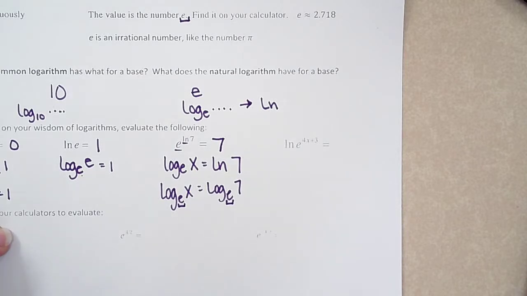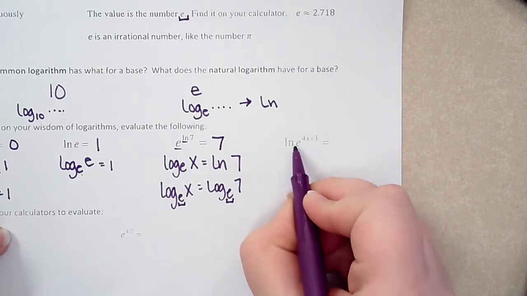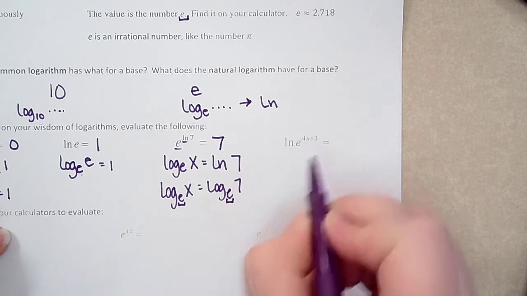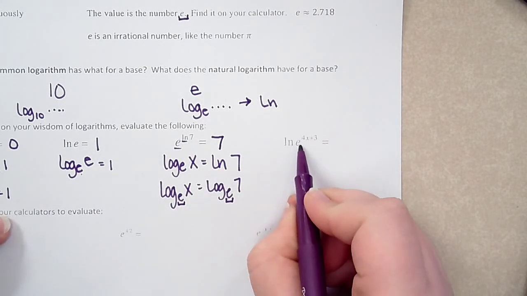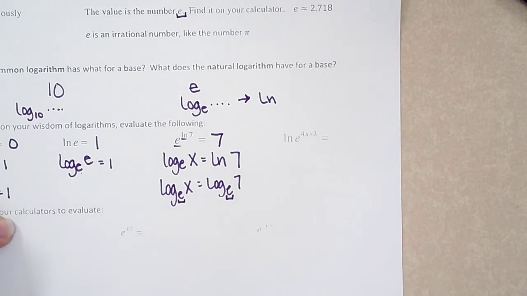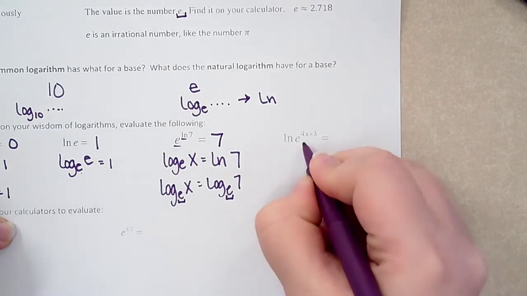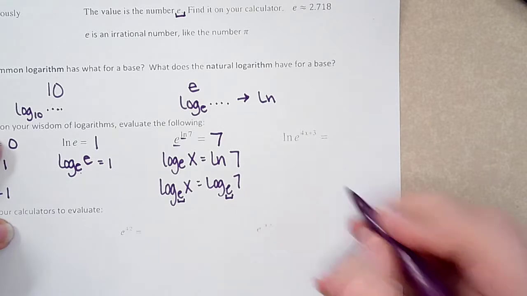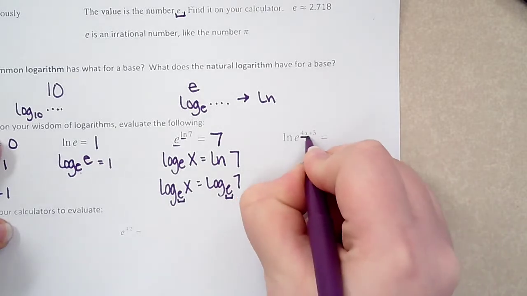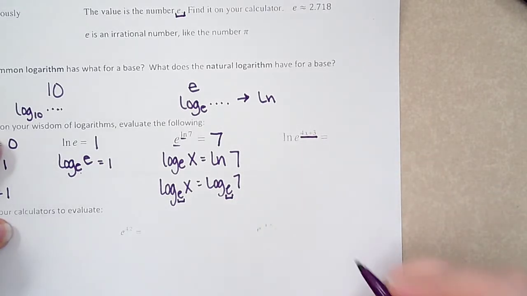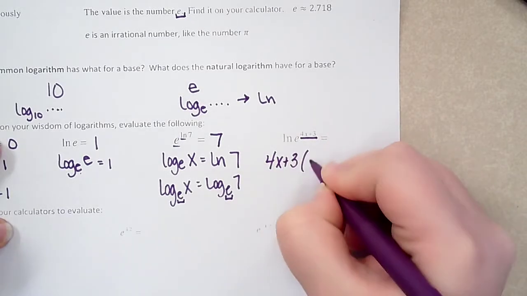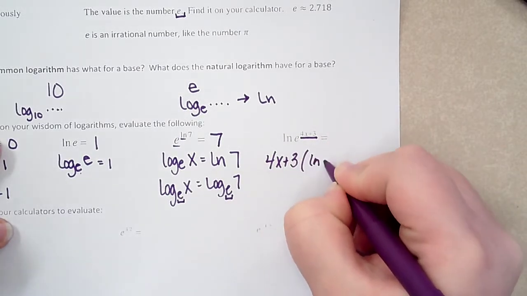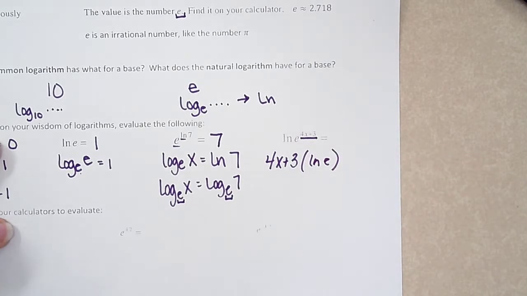The same thing can be said for taking the natural log of e. The same way that raising e to the natural log cancels it out, taking the natural log of e cancels it out the same way. But let's just familiarize ourselves with our properties. Remember, if something is a power inside the parentheses, it becomes a multiplier out in front, and we're left with just the ln of e.